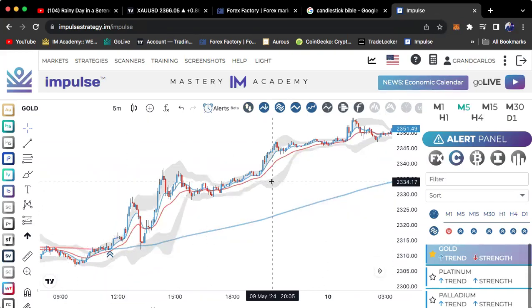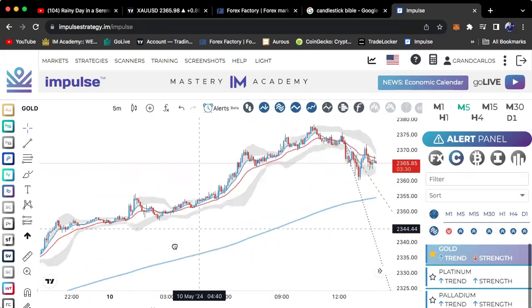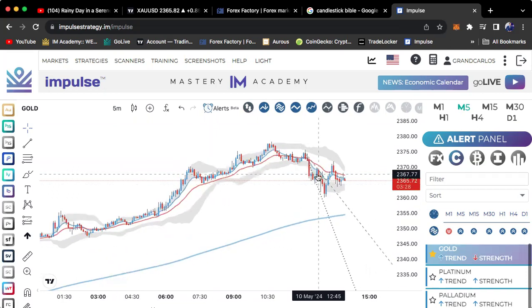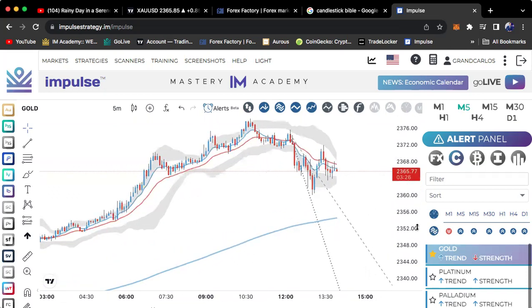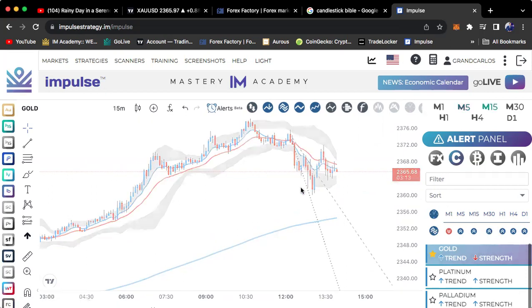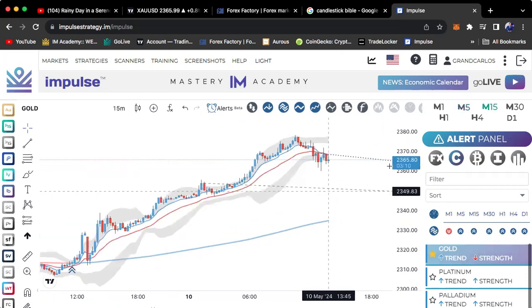Buys. Now, right now, it's on a short-term pullback because it gave me a red strength arrow, but the overall trend is blue. So right now, it's still on buy mode.